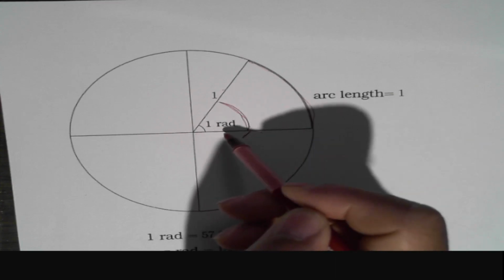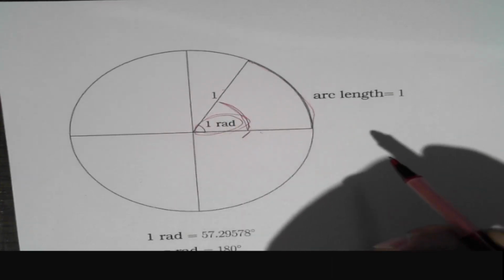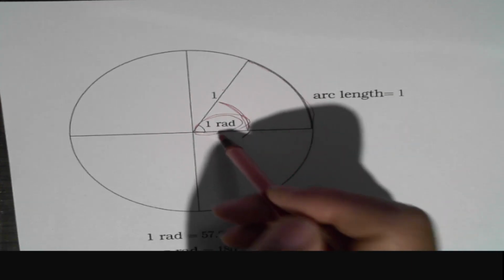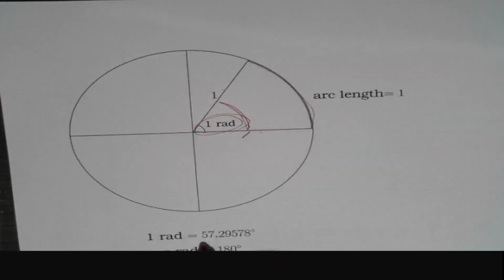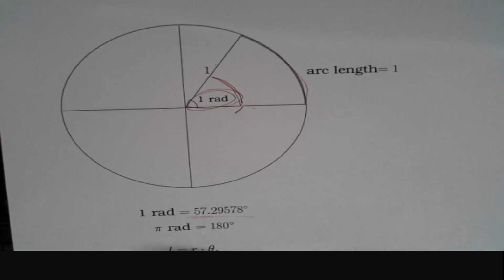This angle we call 1 radian. If you calculate it, it comes out 57.29578 degrees. But you don't need to memorize all these values, just remember approximately 57 something.